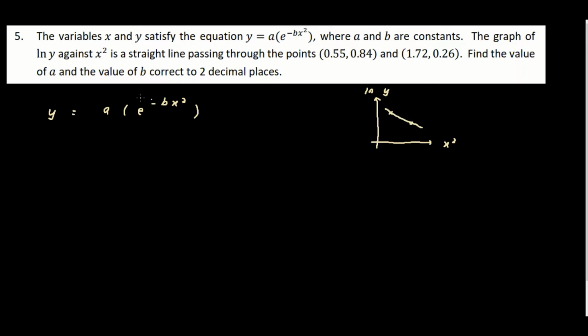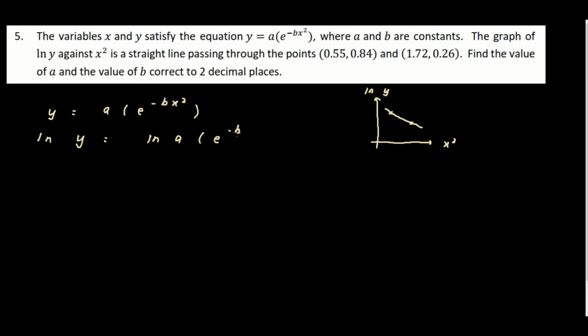Okay, by looking at this equation, you can definitely see that this is not a straight line equation. So when you plot this graph, they are trying to convert this into a linear form. What we need to do here is change it into the form of y equals mx plus c. Same thing, take natural log to both sides.